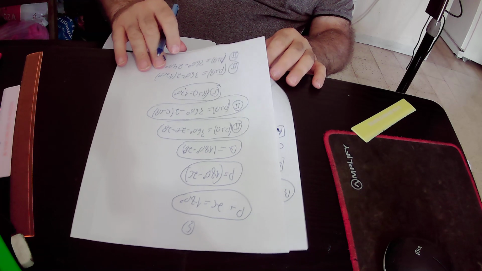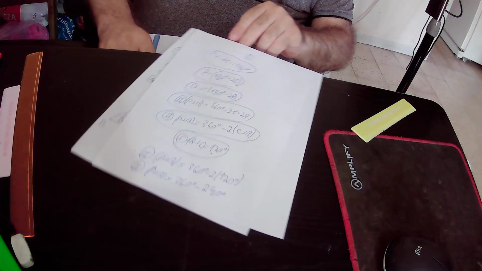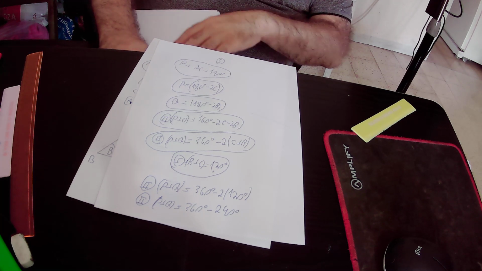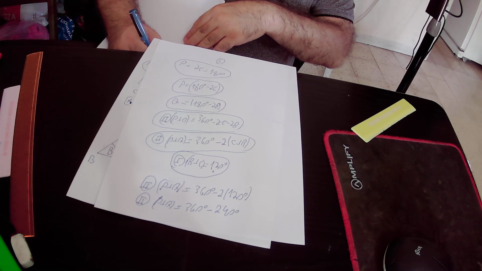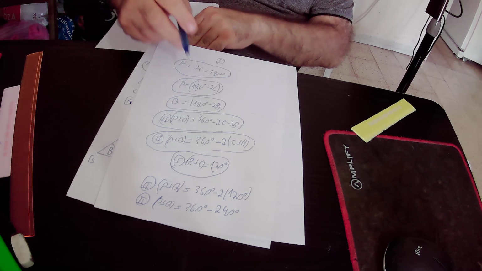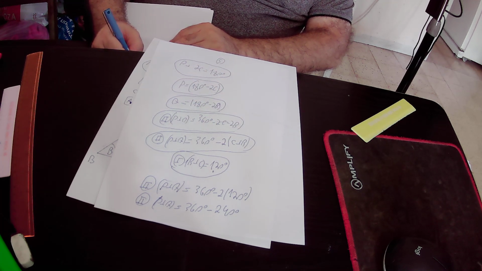So in total we got that P plus Q equals 360 degrees minus 240 degrees. 360 degrees minus 240 degrees is 120 degrees.